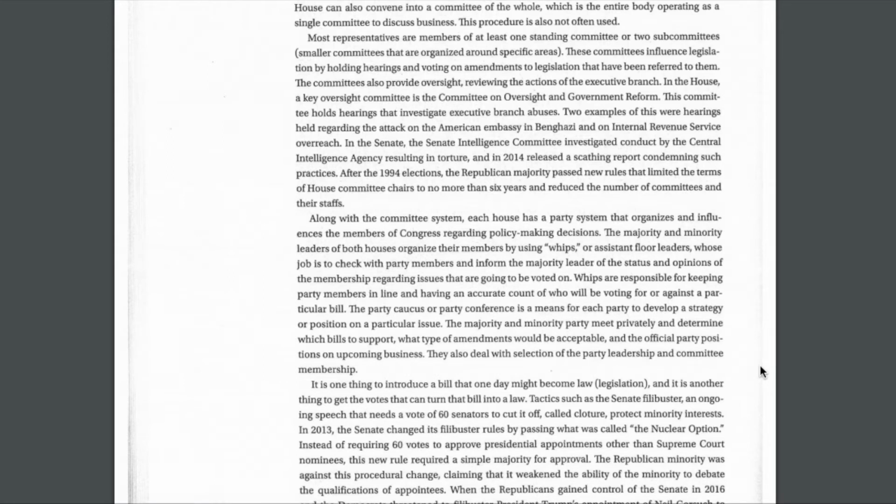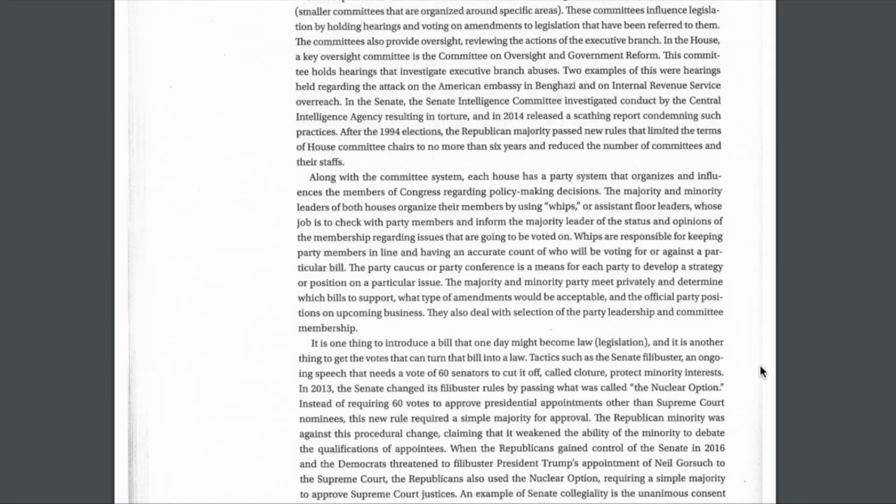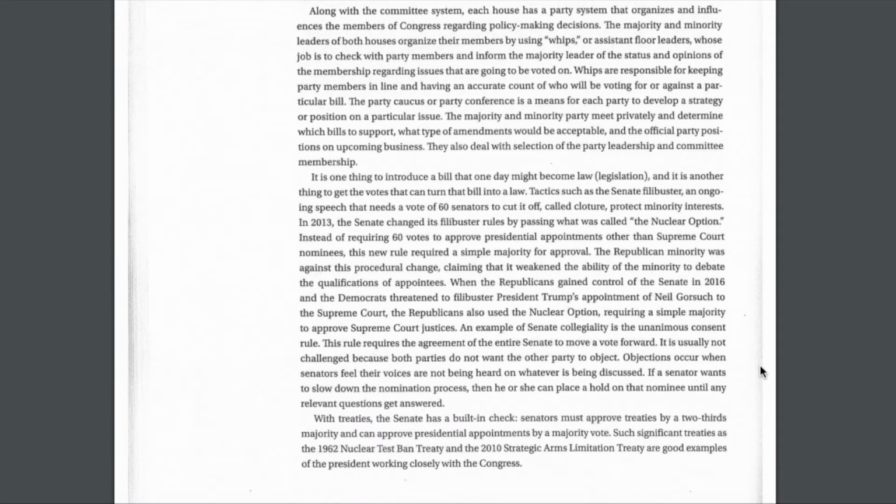So it's a little easier for the majority party to stop that filibuster, but just a different way to check each other when discussing legislation in the Senate. Also, a built-in check in the Senate: the Senate must approve all treaties by a 2/3 vote that the president is trying to sign.